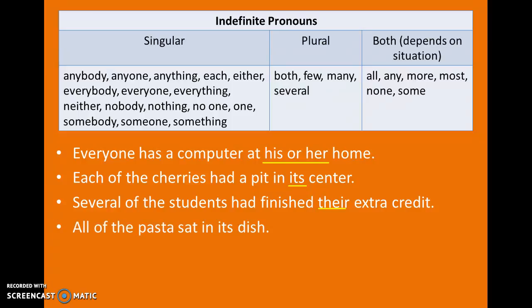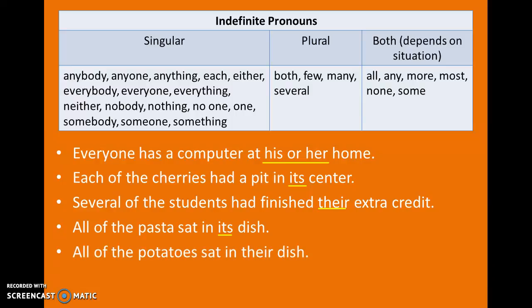And in the last 2, we'll show the difference between the indefinite pronouns that can be both, and you just need to look at the situation to decide which form is being used. So if you were to say all of the pasta sat in its dish, okay, all is one of those indefinite pronouns that can be either singular or plural, but because it's referring to pasta, which is a singular noun, you would therefore use a singular pronoun to refer to it, which would be its.